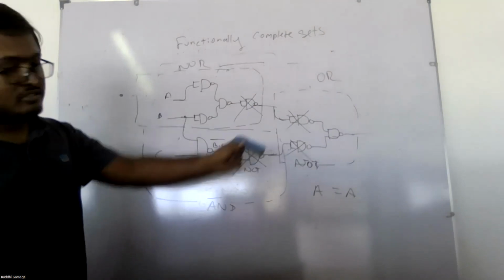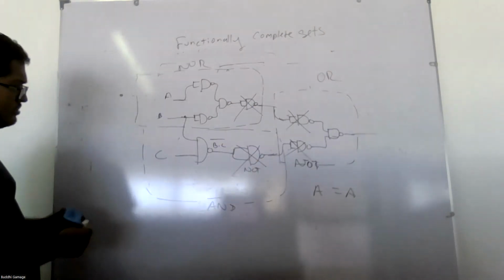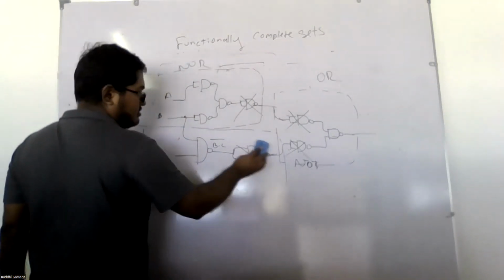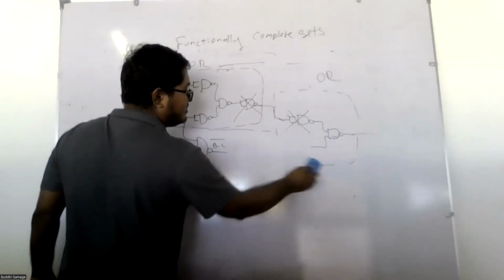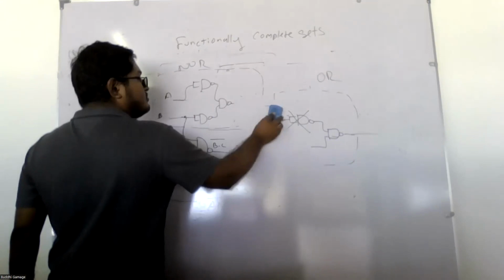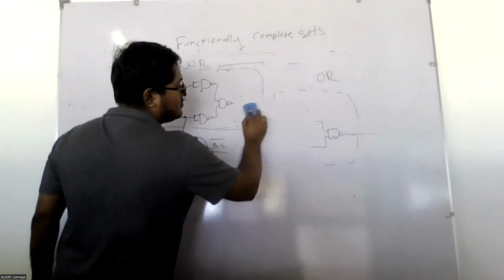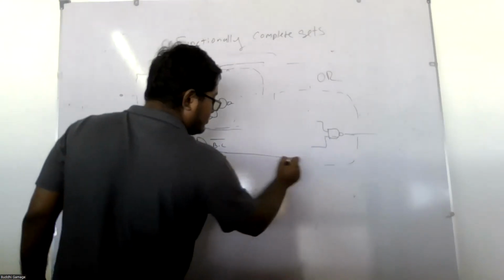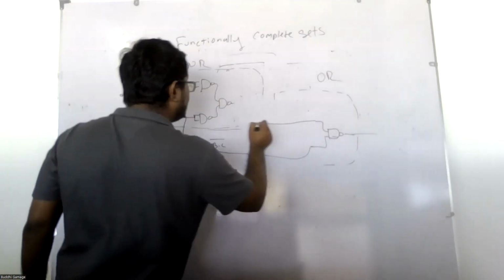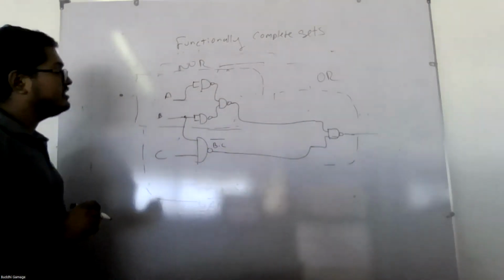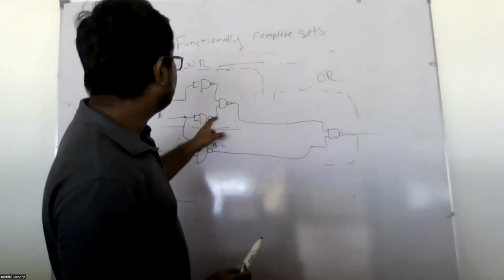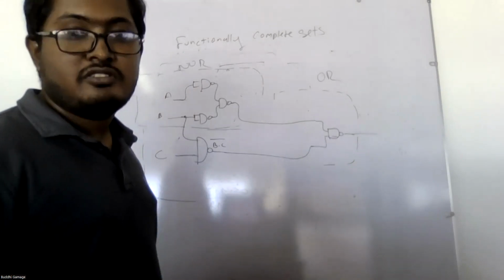So double negation. So that means we can remove those two gates and simply connect these ones. So only we need 1, 2, 3, 4, 5 gates.